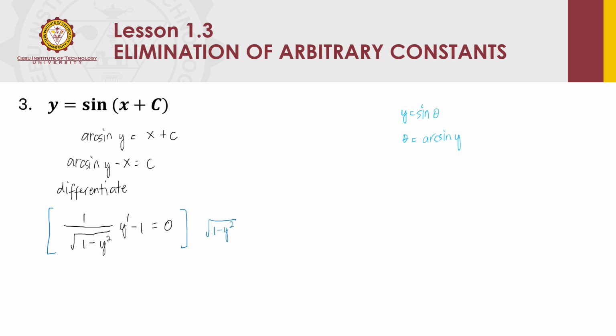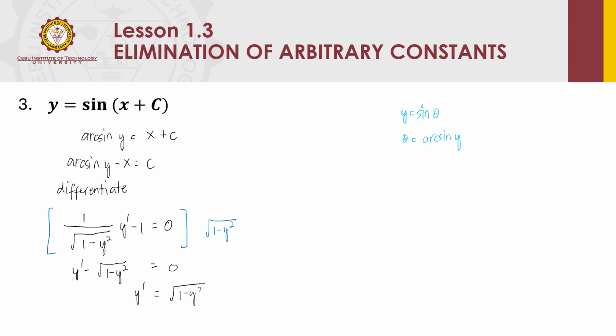So the left side becomes y prime minus square root of 1 minus y squared, equals 0. And then to remove the radical, we can transfer the radical term to the right side. So it's square root of 1 minus y squared.